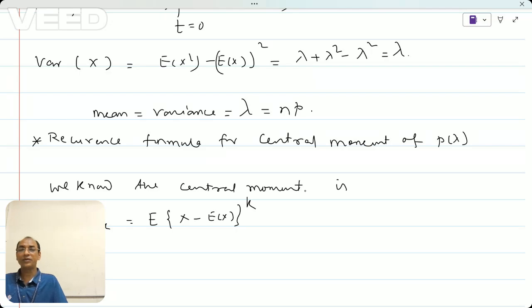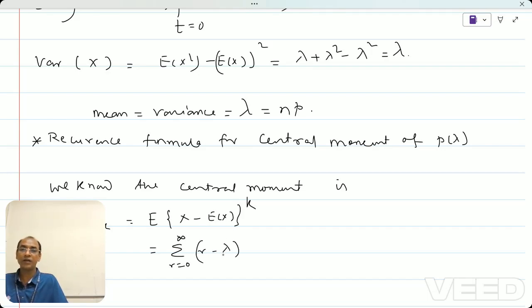Here x is my r, so I can write this as summation r equal to 0 to infinity of (r minus lambda) to the power k into p r. p r is nothing but e to the power minus lambda into lambda to the power r divided by r factorial.